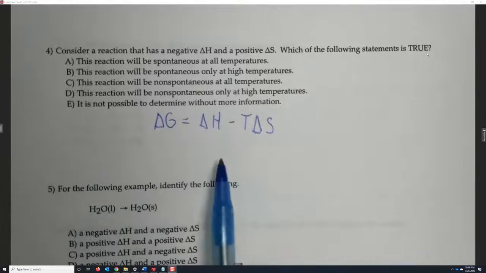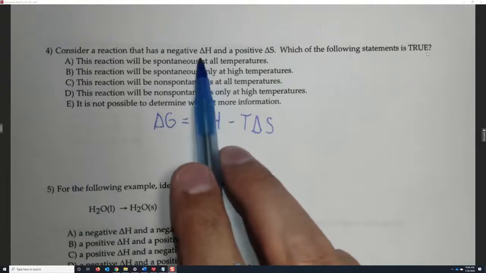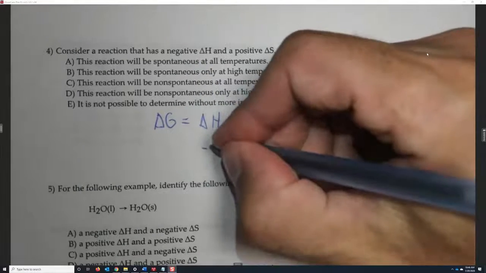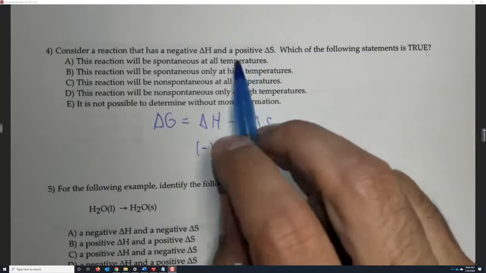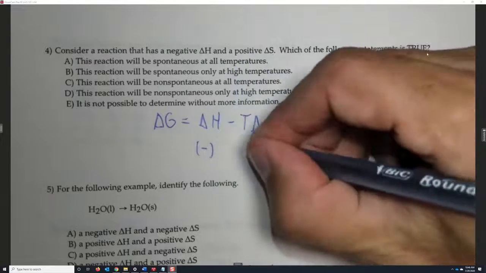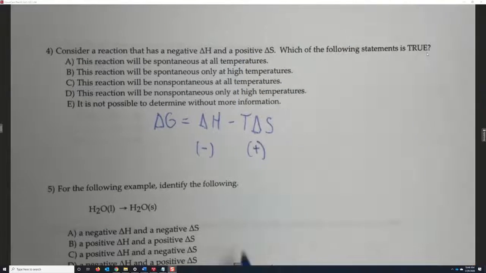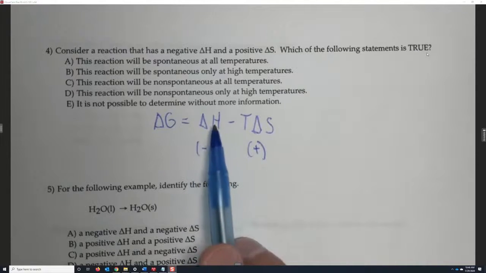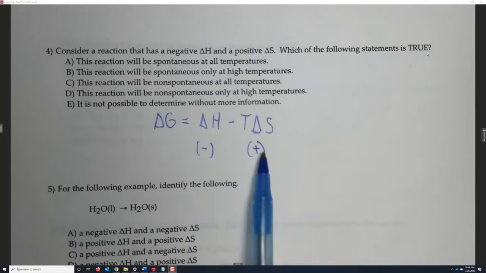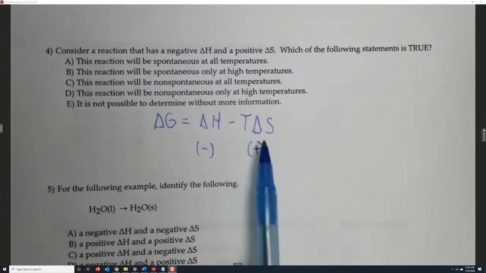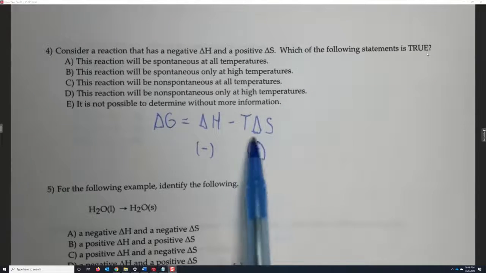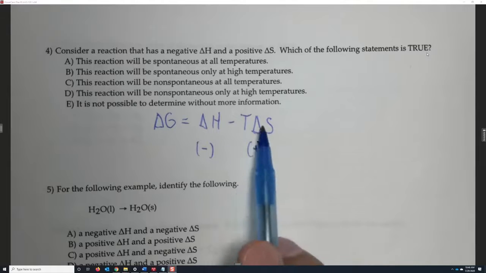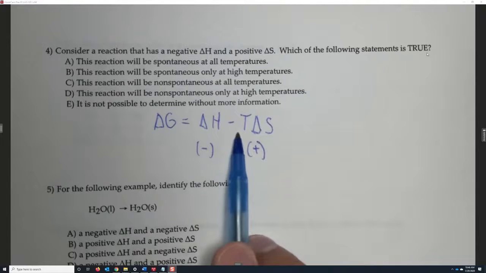If we look at this, we're told that delta H is a negative value, and that delta S is a positive value. So in this case, we're going to have a negative minus something. It's not going to be plus something. Why? Because delta S is positive, and T is absolute temperature.